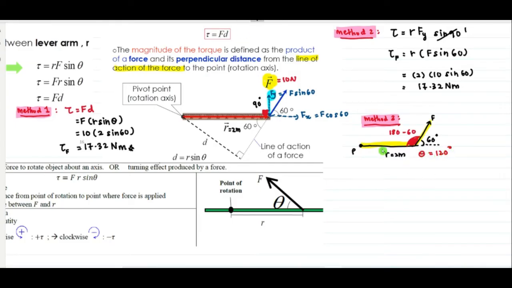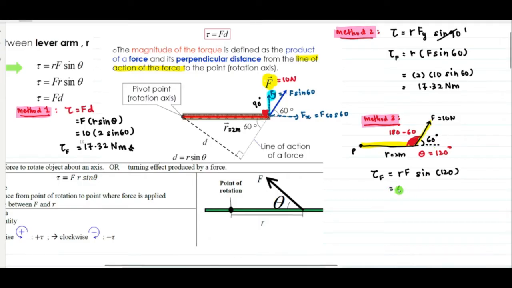Mungkin ada kawan you, dia terus ambil dan tulis R F sin theta. Sin theta here is 120 degree, which is the angle between R and F. Di sini kawan awak straightly use the angle between R and F.